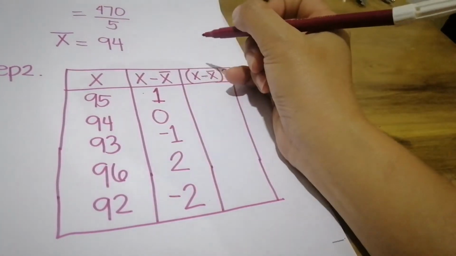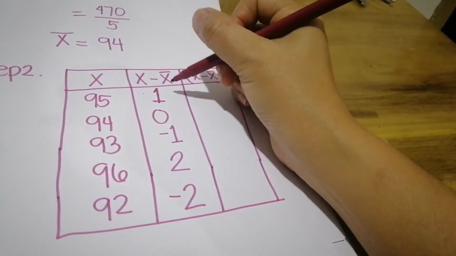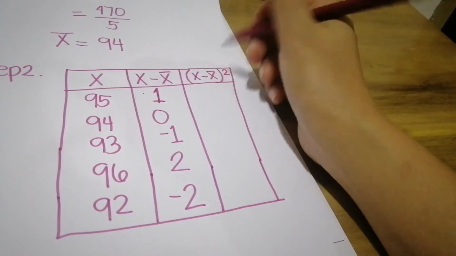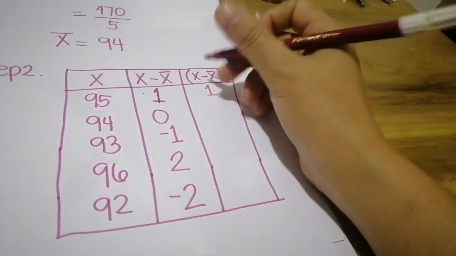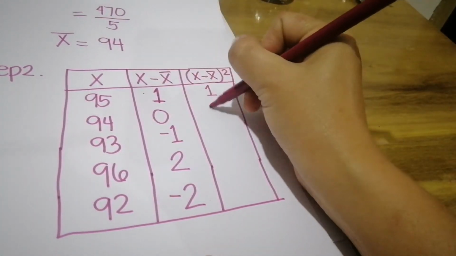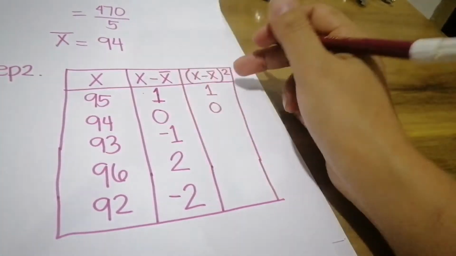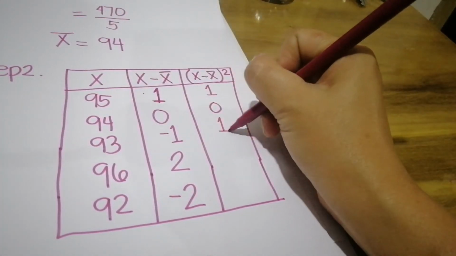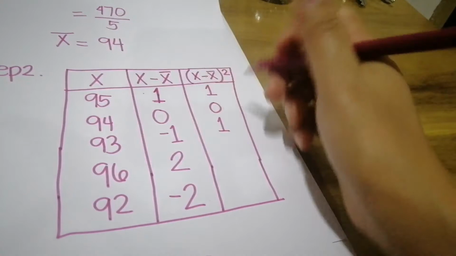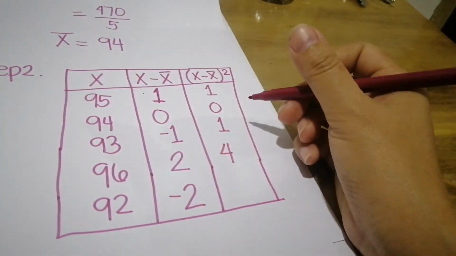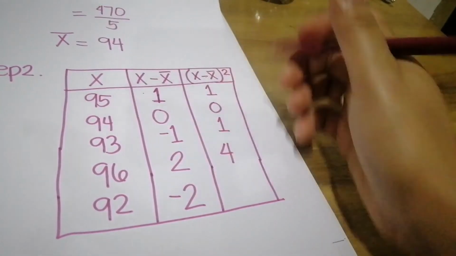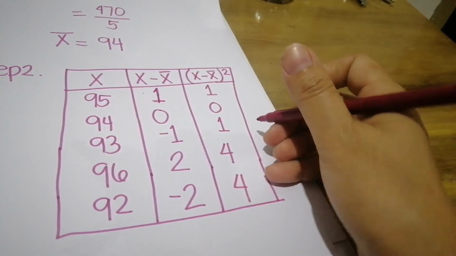So, this is the process. 1 squared is equal to 1. 0 squared is equal to 0. Negative 1 squared is equal to positive 1. 2 squared is equal to 4. And negative 2 squared is equal to 4.